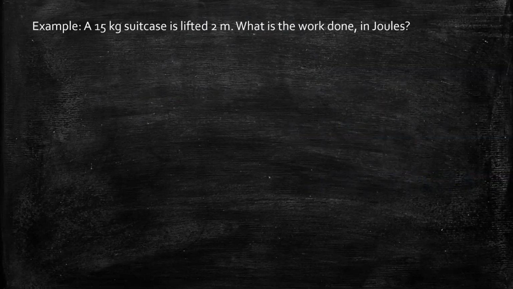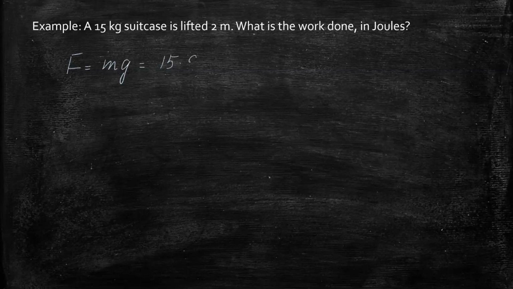So let's say we have a 15 kilogram suitcase that is lifted 2 meters. What is the work done by the force lifting the suitcase? The first thing we have to recognize is that F here is constant. Why is it a constant? Because the amount by which we lift the suitcase is so insignificant that the weight of the suitcase doesn't change, and it's computed using the formula F is equal to mg, and the mass is 15.